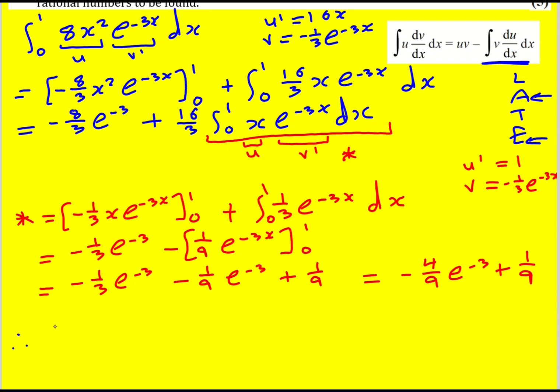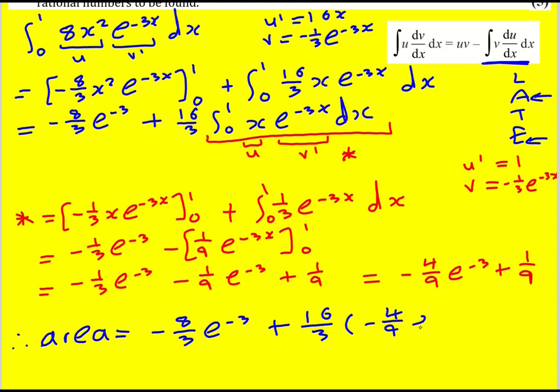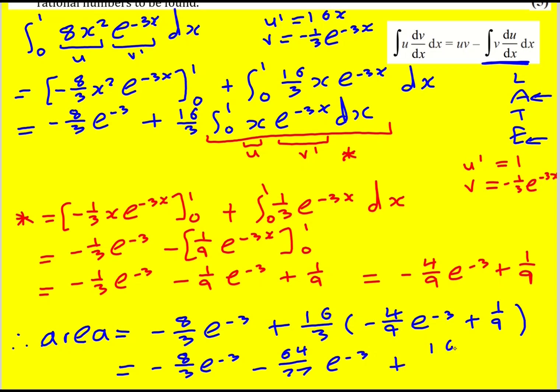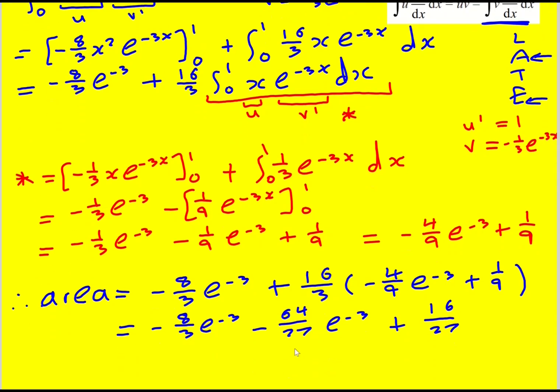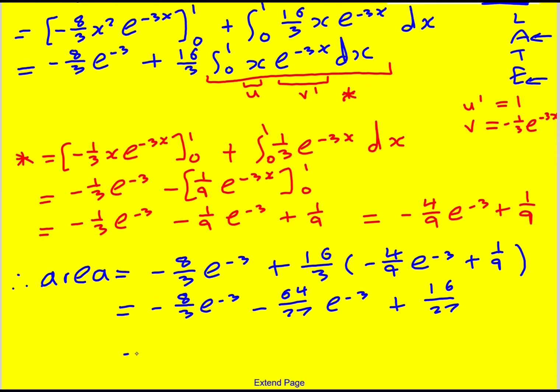So therefore, the area is going to equal minus 8 over 3 e to the minus 3 plus 16 over 3 times this, minus 4 over 9 e to the minus 3 plus 1 over 9. That is going to give me minus 8 over 3 e to the minus 3 minus 64 over 27 e to the minus 3 plus 16 over 27. And it's probably time to reach for the calculator.